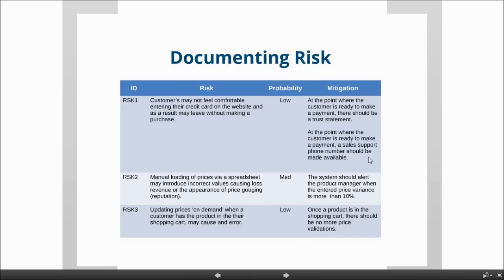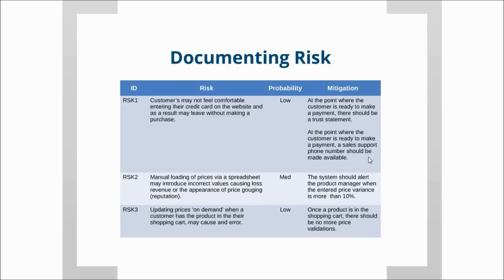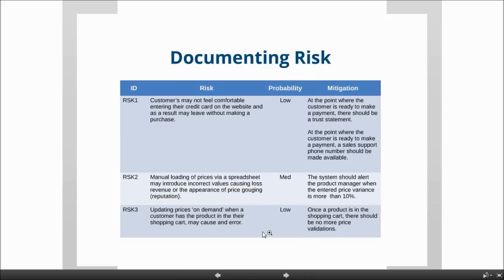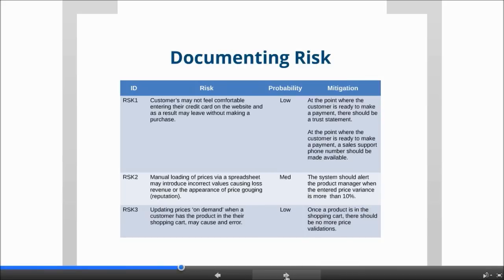So, we can't stop that customer entirely from leaving, but maybe we could address some of the reasons that they would leave and maybe convert them into a paying customer. So again, there are more risks down here that we can identify, and identify if it's a risk that has a high probability of happening or medium or low, and then identify a mitigation strategy.